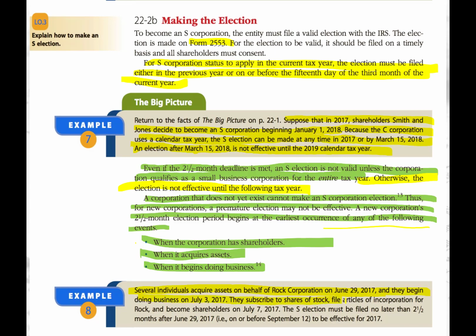They subscribe to shares and file the articles of incorporation on July 7th. The S election must be filed no later than 2.5 months from June 29th, because they acquired assets for the corporation, so the clock started running. So it can be any one of those, it doesn't have to be all of those. And that would make it effective for 2017.